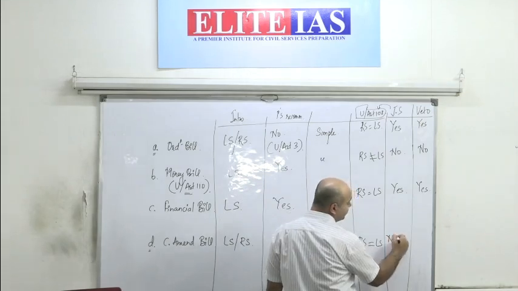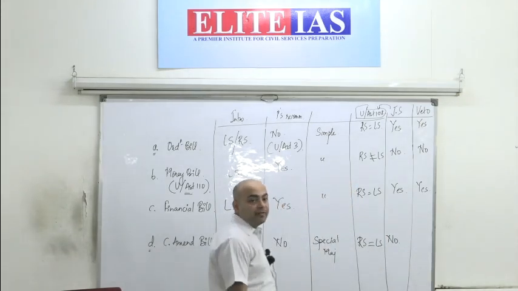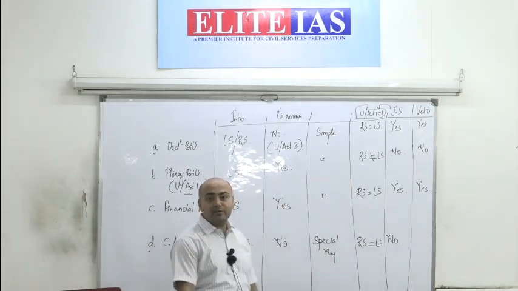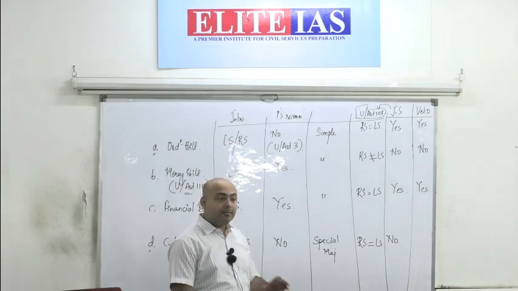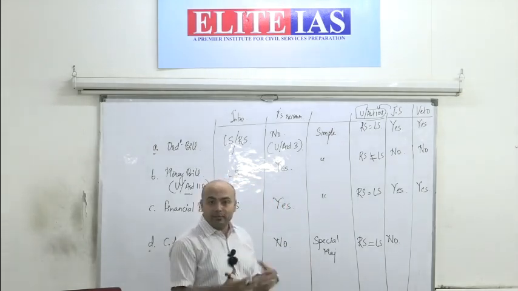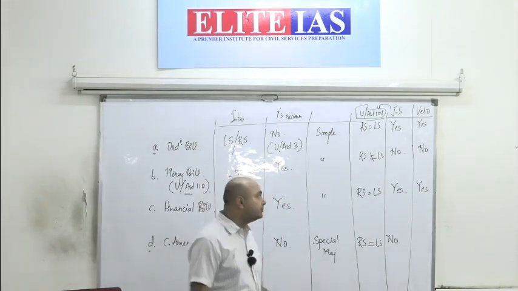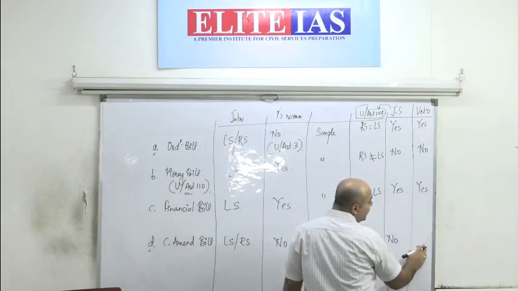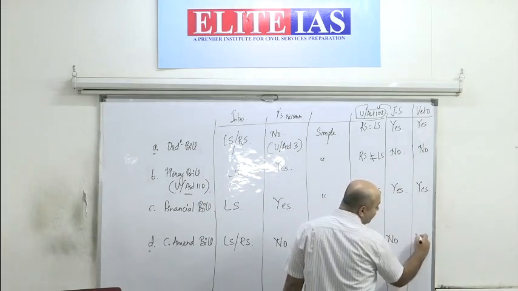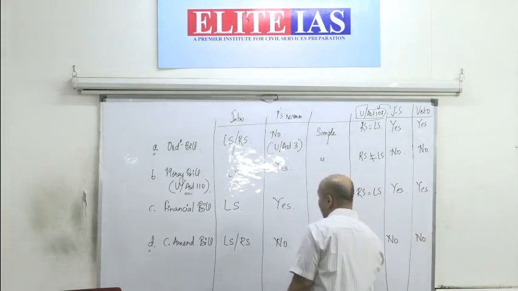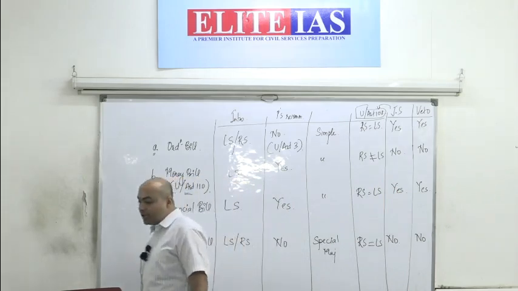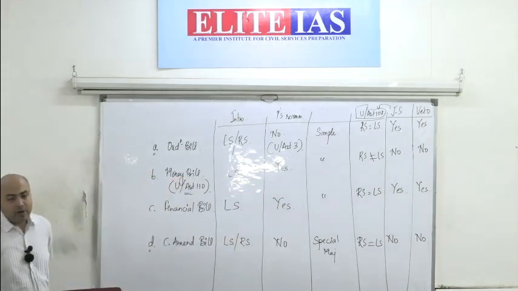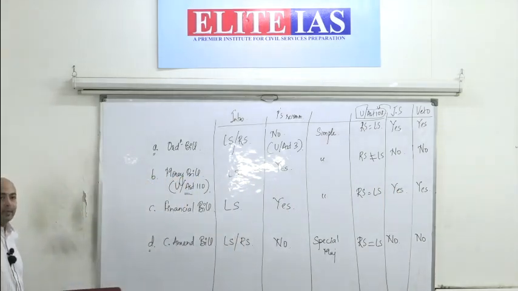No. Even if one of the houses defeats a constitutional amendment bill, the bill dies. The bill is dead. Does the president enjoy veto powers? No. The president does not enjoy veto powers. Clear? So this is what a constitutional amendment bill is.